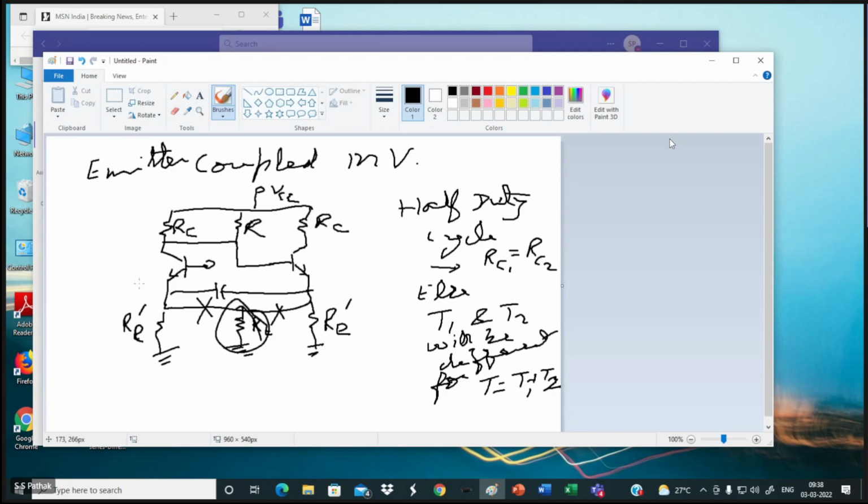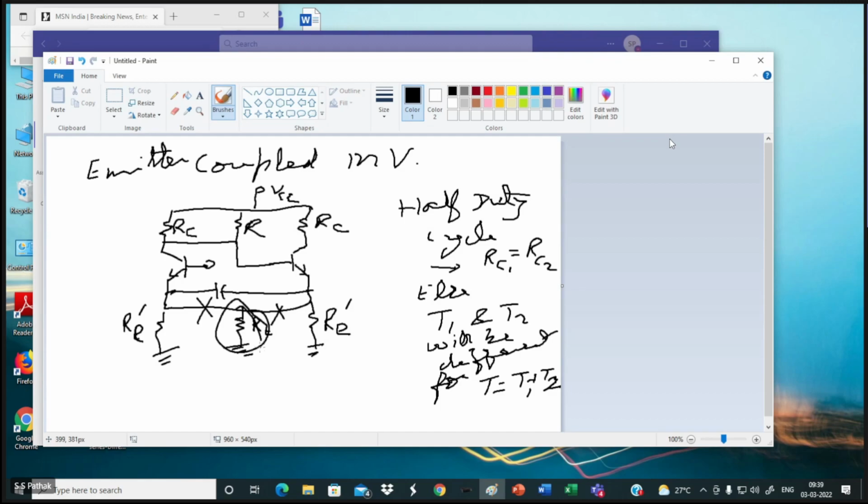So your capacitor is coupling the two emitters. This is not there. This is your RE dash. What is RE dash, by the way? This RE was the parallel combination of these two, the same identical resistance. So how much does RE become? Parallel combination means half of RE dash.